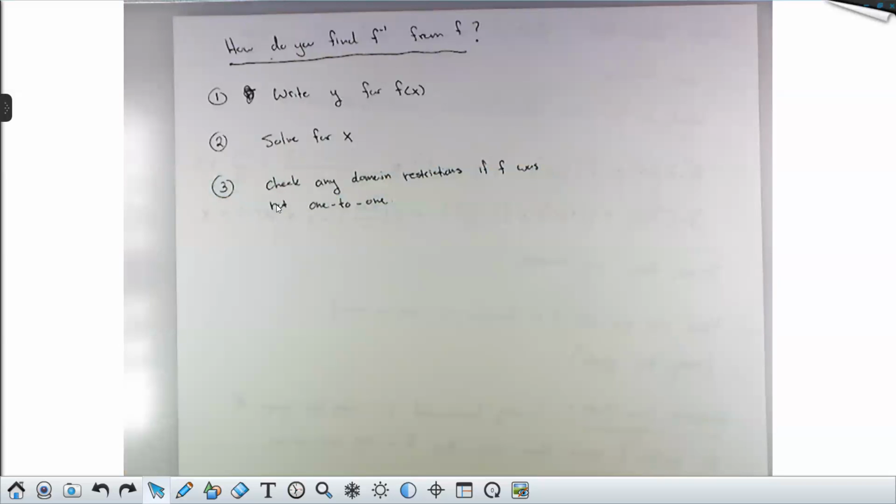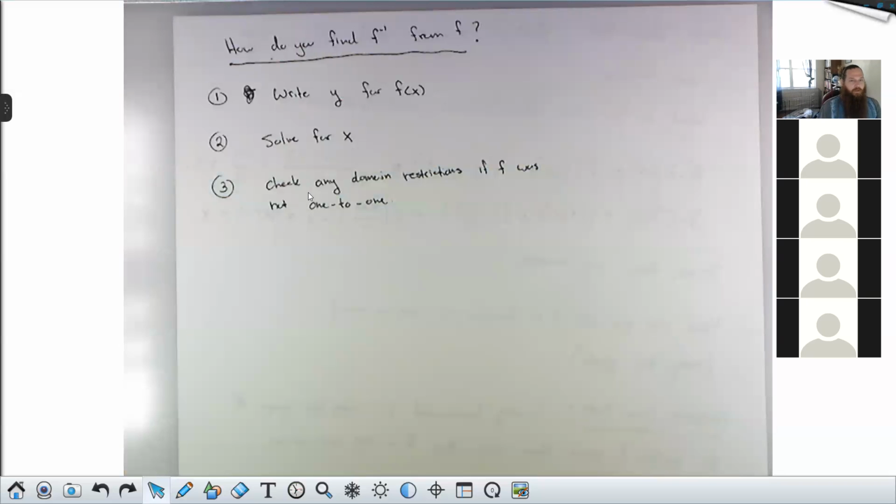There is a way to do it. You have to restrict the domain of the original function. For what we're going to do right now, this is not relevant, but I will show you examples where the original is not one-to-one, but you're still able to find an inverse. The trick is that you have to restrict the domain of the original to make it one-to-one.